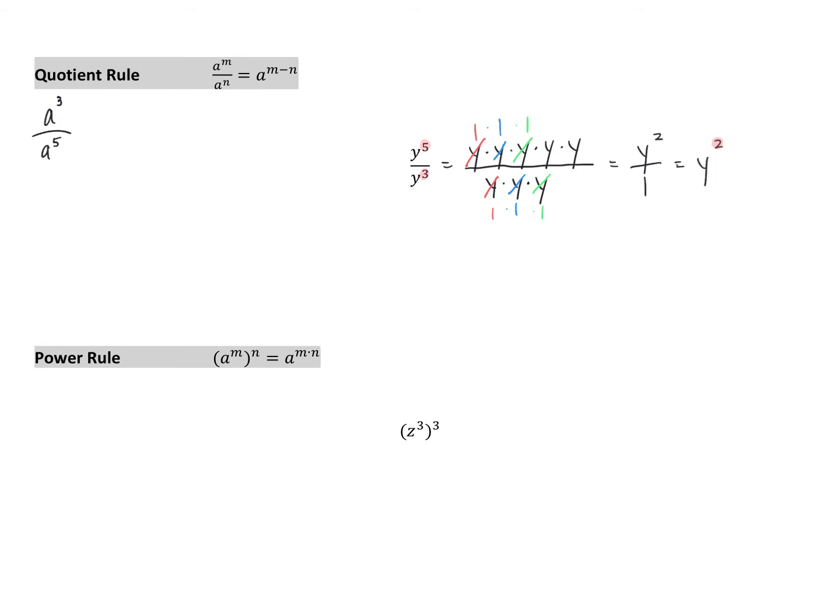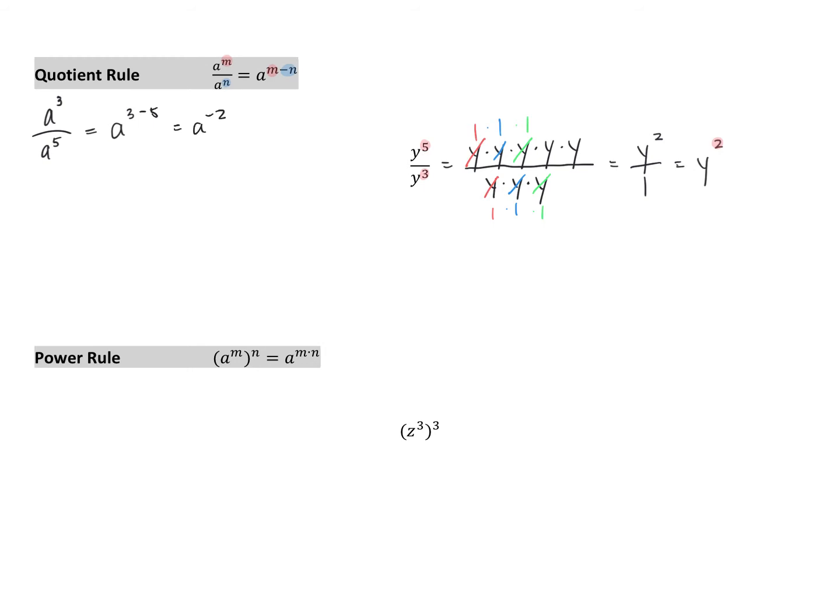If I use this quotient rule, I notice that the numerator is first, so I would have to do the numerator minus, right, minus the denominator. So 3 minus 5, oh, well that's going to give me a negative exponent. So I'm going to have to figure out what to do with that if I use this rule.